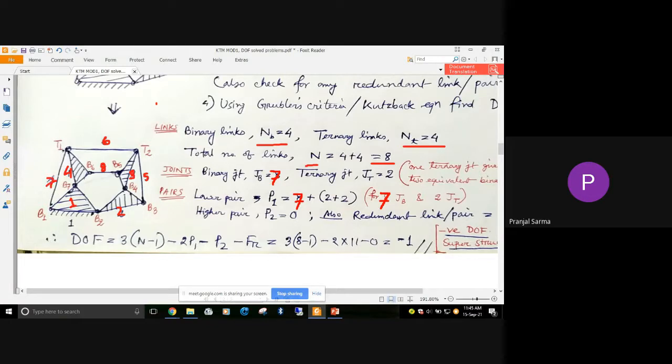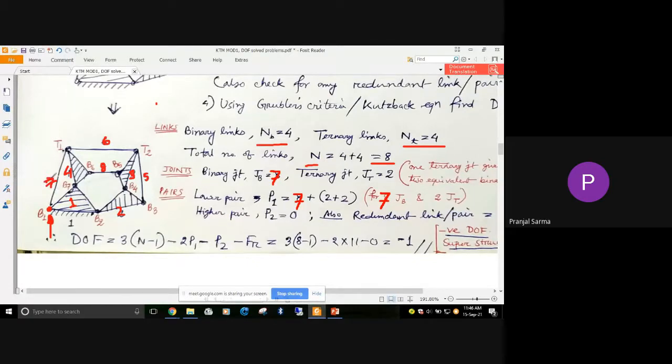So here in this particular case, what kind of joint is this, binary, ternary, or what? How many links are joined here in this connection? You can tell me how many links are joined here.